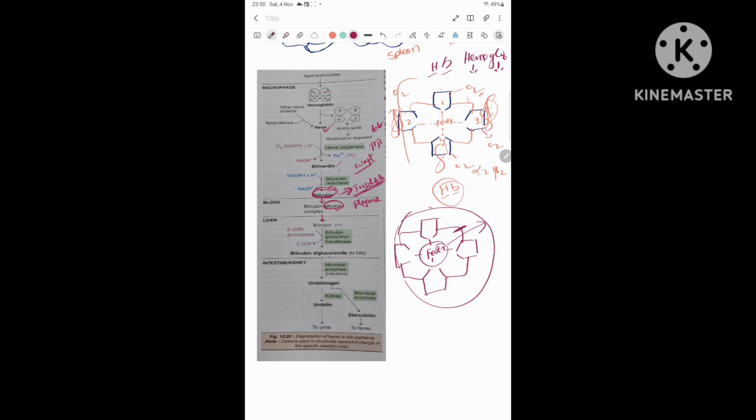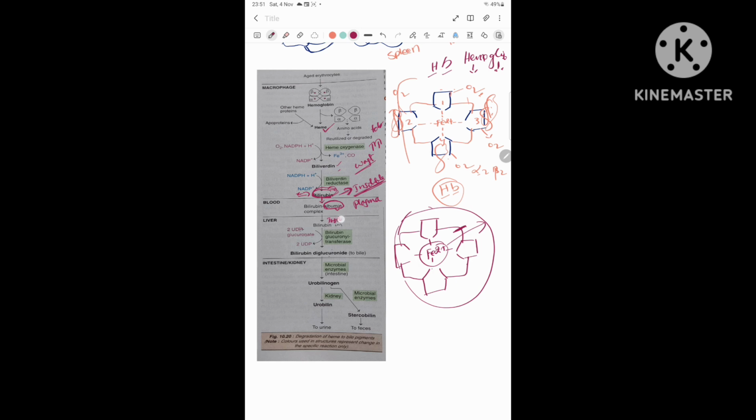Now this bilirubin formed in the macrophage is present in the liver. The liver is the major site for solubilizing insoluble bilirubin into soluble bilirubin. Insoluble bilirubin is nothing but unconjugated bilirubin. Let me write the unconjugated and conjugated terms.